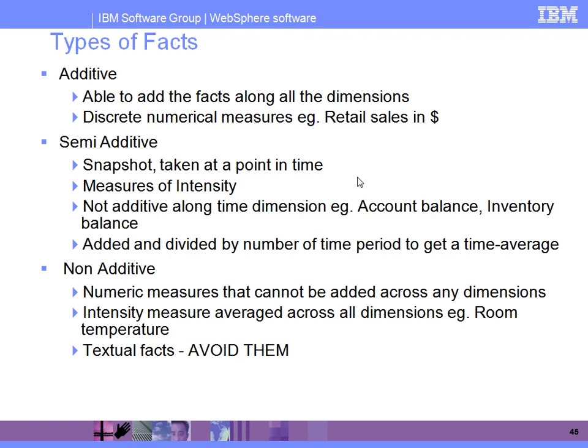What is the meaning of this non-additive fact? We have some numerical measures. Those numerical measures, whatever we have in the fact table, we are not going to use across any of the dimension tables.